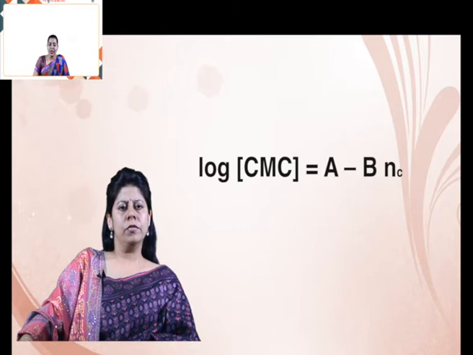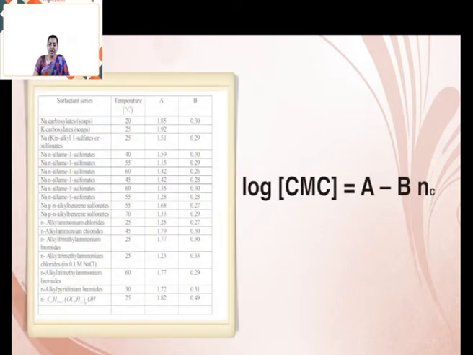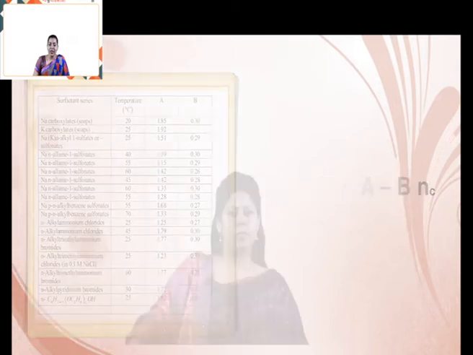The CMC decreases strongly with alkyl chain length, as shown in table 3. The decrease follows the relationship log CMC equals A minus B times Nc to a good approximation.